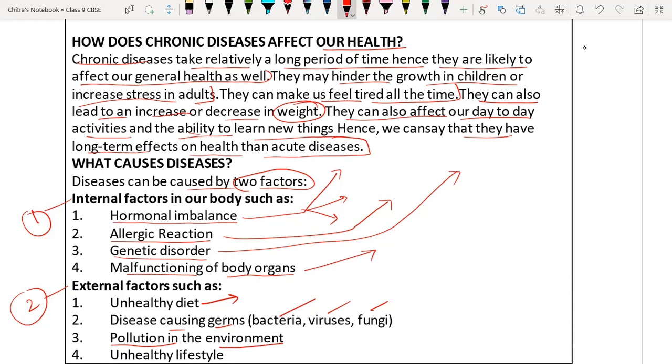So these are the external factors which directly affect persons and cause disease. So you have to remember the internal and external factors that may cause disease to a person. Okay, everyone.